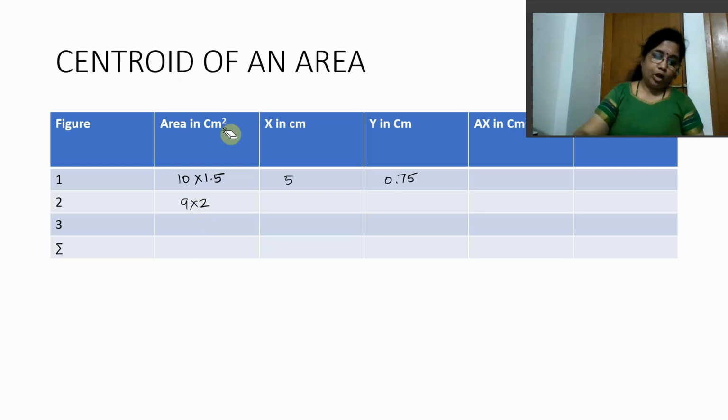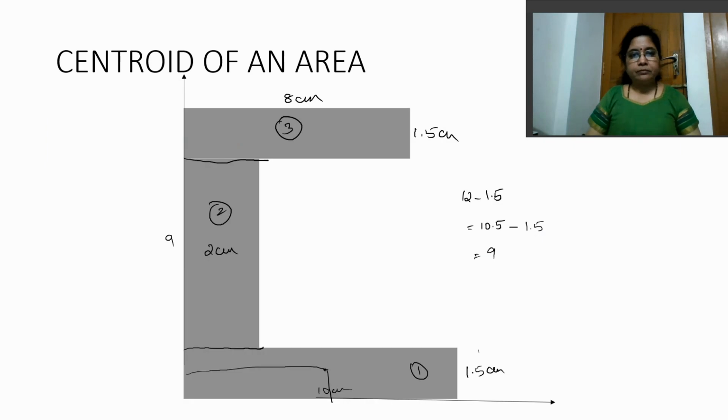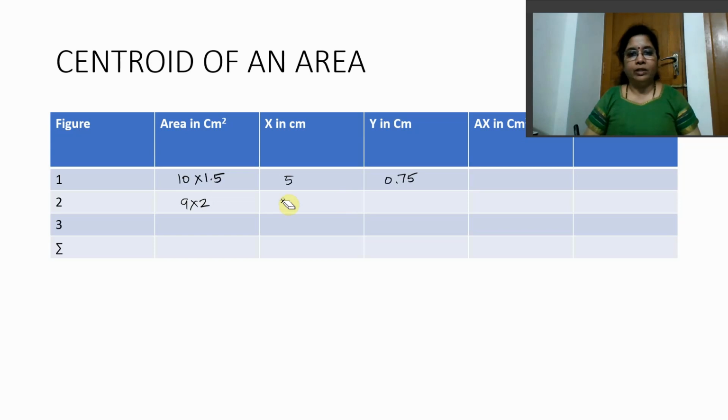Then I need to plot x and y. Now let me show it. The center would be somewhere, right? From here, origin, this will give me the x. So we know this entire thing is 2 centimeter. Half of it, x, is going to be 1 centimeter.